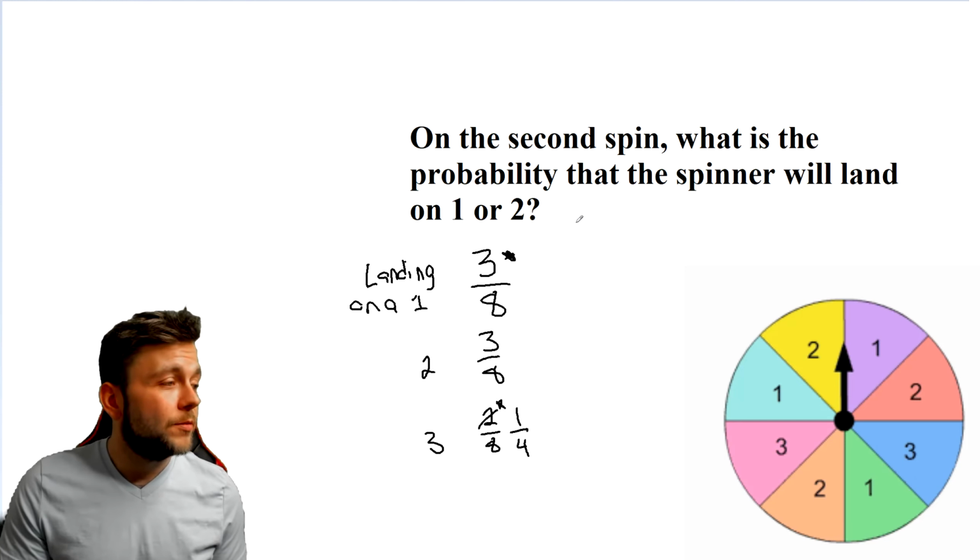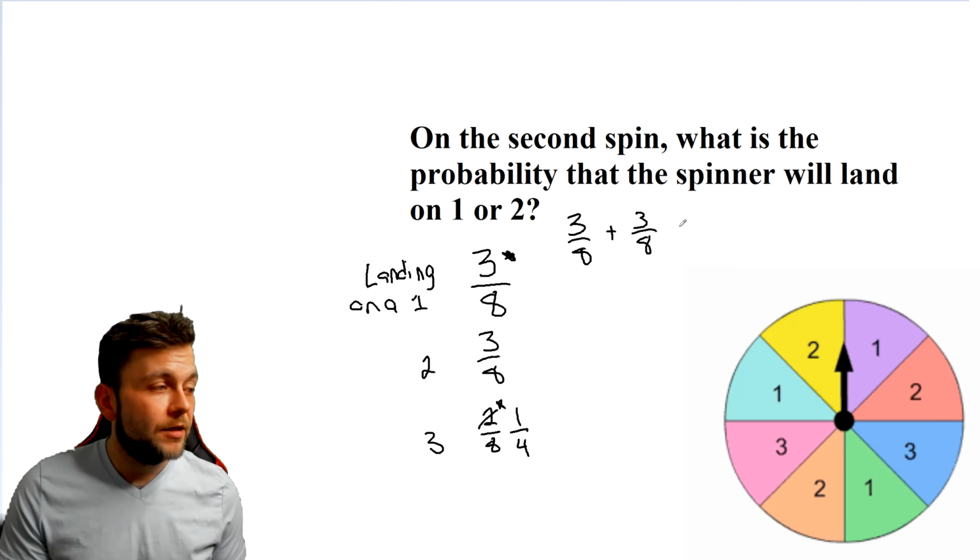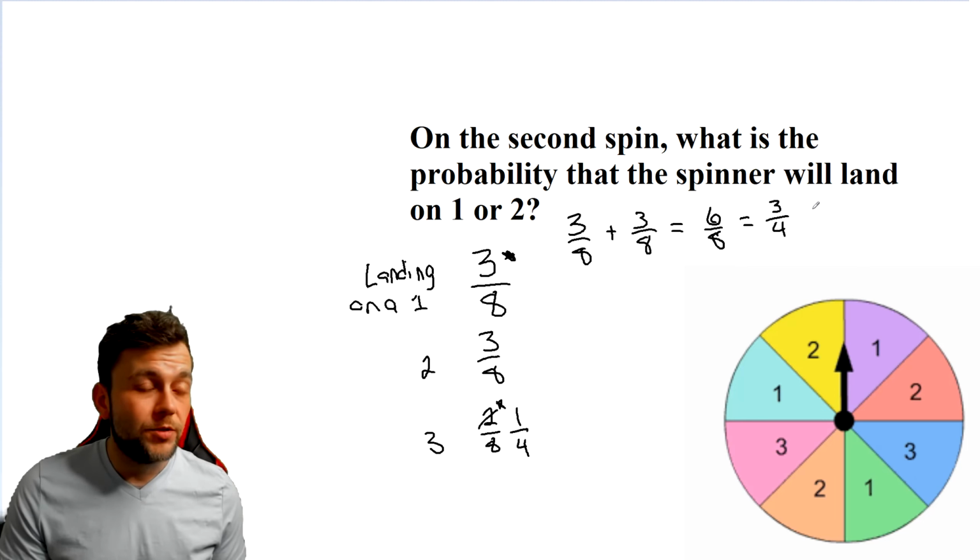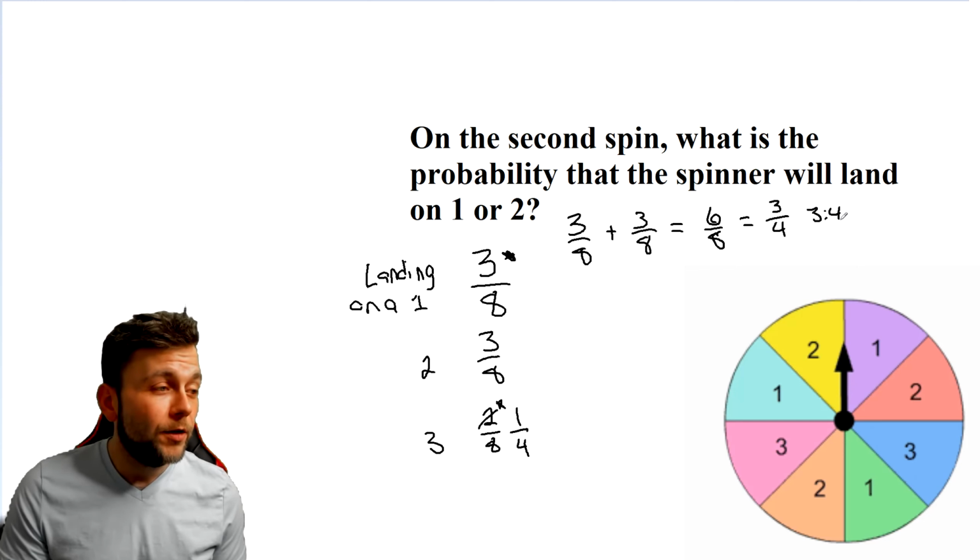And that is 3 over 8 plus 3 over 8. And that equals 6 over 8, or in other words, that is 3 out of 4, the reduced fraction. So the probability of landing on a 1 or a 2 is 3 out of 4, or exactly 75%.